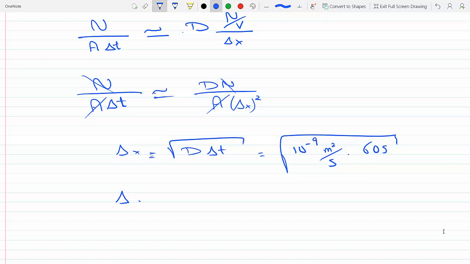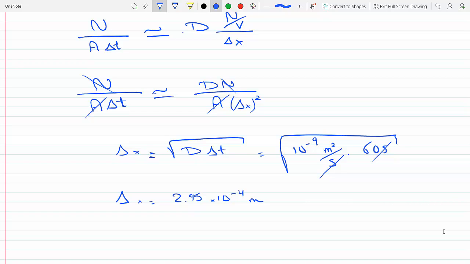And so we get for delta x, the seconds cancel, 2.45 times 10 to the minus 4 meters.